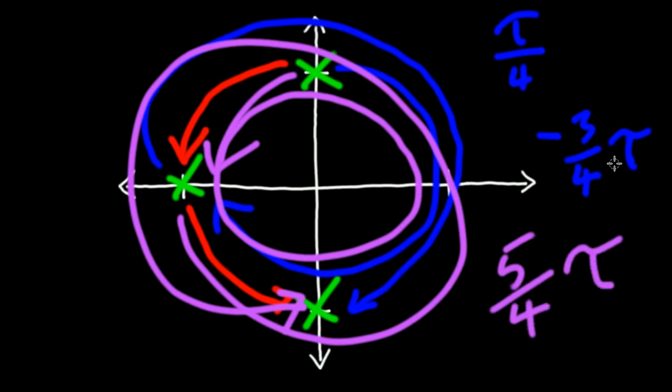Hey, this could be any number of frequencies, couldn't it? It could be 5/4 tau. Really what it is, is tau over 4 plus n tau, where n is any integer number, positive or negative. That's pretty interesting. There's an infinite number of frequencies that could describe this one signal.